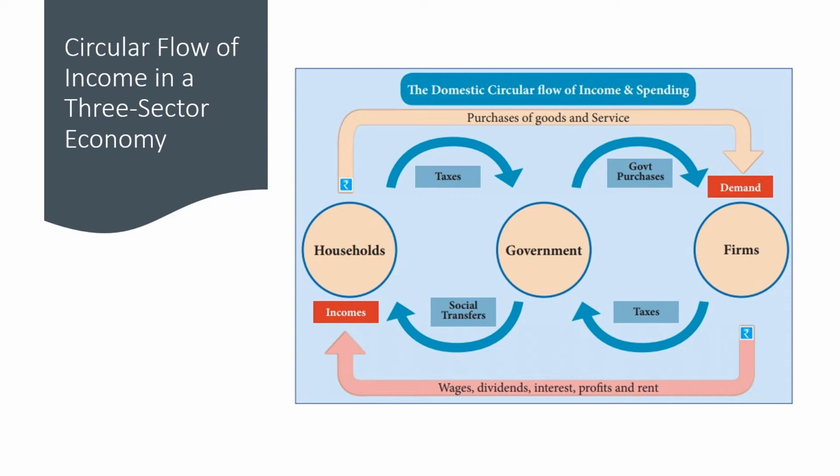These factors are land, labor and capital. On the other hand, the government also makes social transfers such as pension, relief, subsidies to the households. Similarly, government pays the firm for the purchases of goods and services.